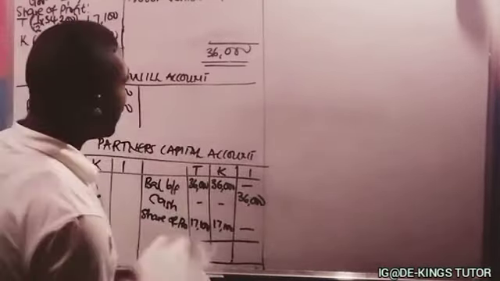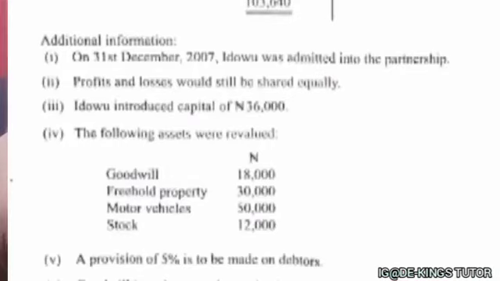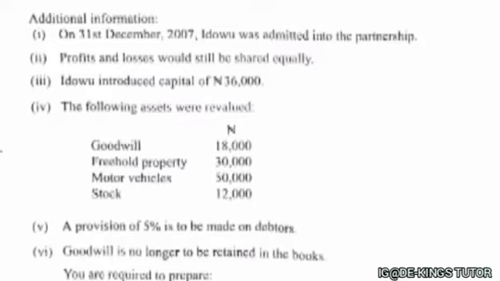Okay, so let's check their new ratio. They said profit and loss would still be shared equally. That's the new ratio, so they are sharing equally. Now, the goodwill that was revalued was 18,000.